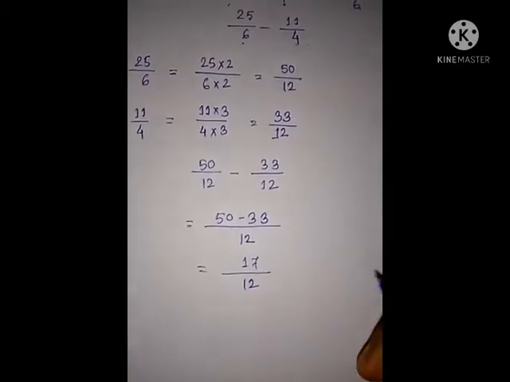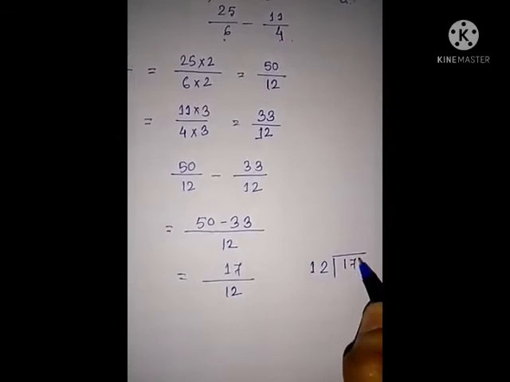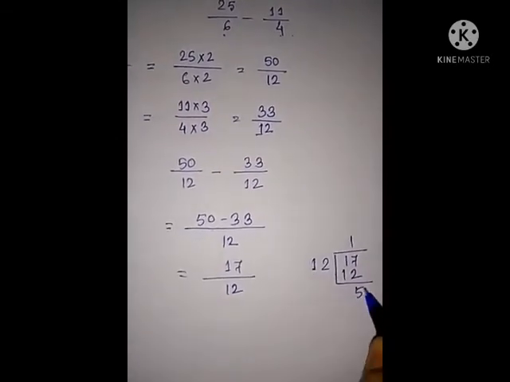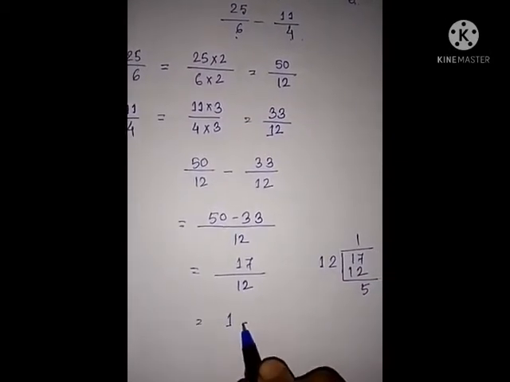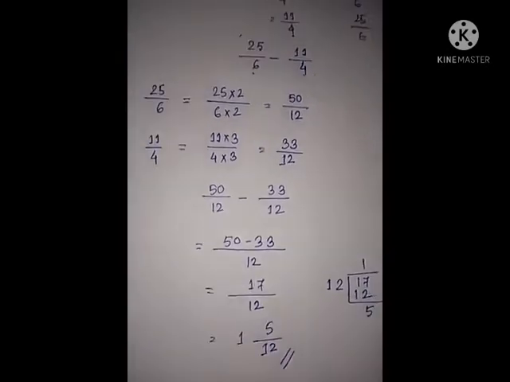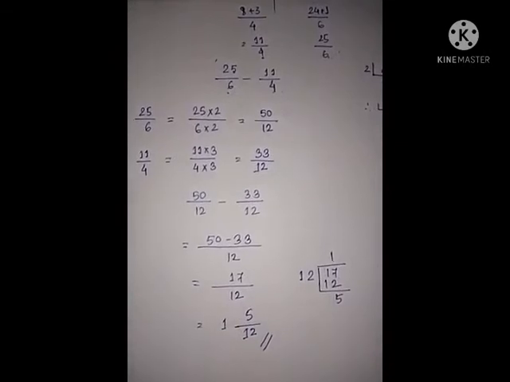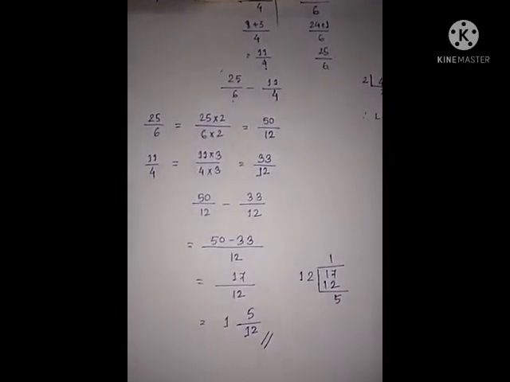Make it a mixed number. 12 ones are 12. So write the mixed number. So this is the answer. So like this you can subtract mixed numbers by following these steps.